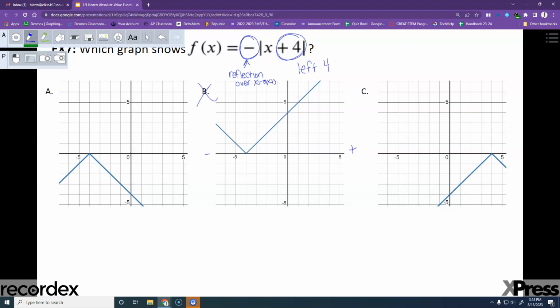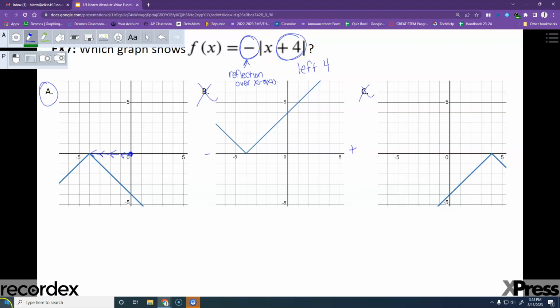So normally that vertex would be right there at 0, 0. It needs to move to the left 1, 2, 3, 4, which means A is looking like our correct answer. For C, it looks like that vertex has been moved to the right, which is not the correct direction, so it will not be your answer as well.